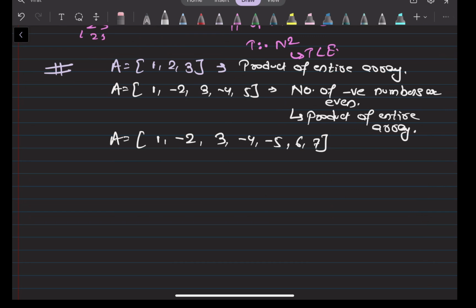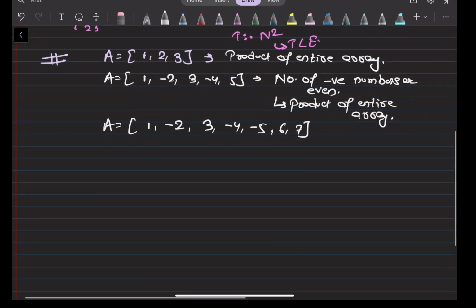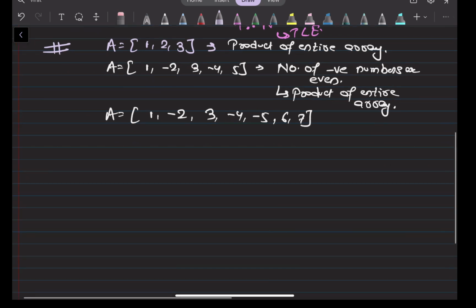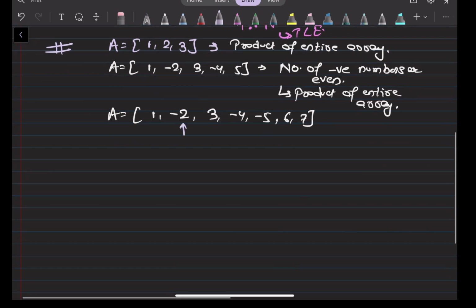So in this case, what do we have to do? If you observe, in this case, it is a subarray, so we cannot skip some part in the middle. Suppose we have to skip -2 here, can I say that our answer will belong to this side or this side?